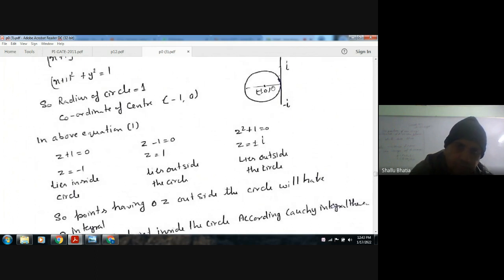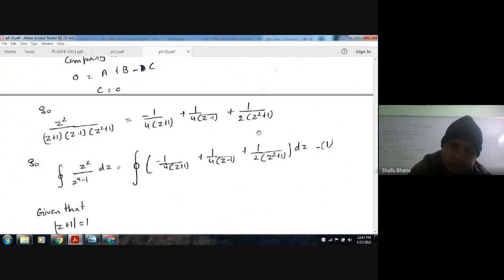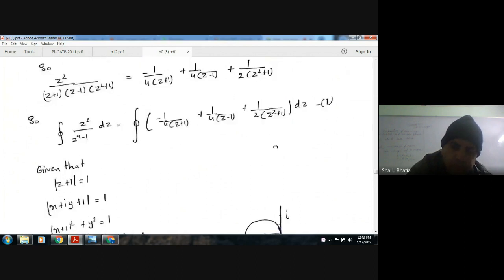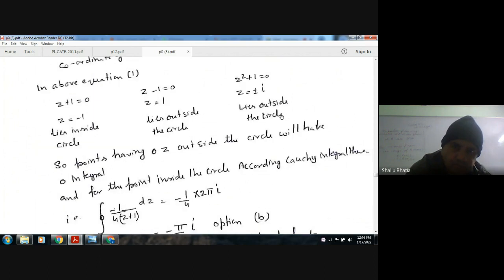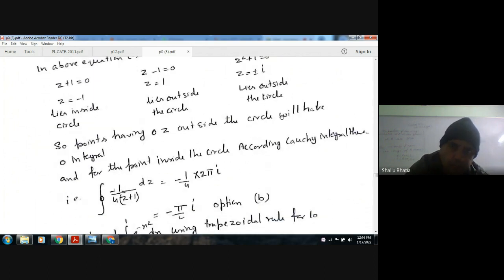The point 1 lies outside the circle. Similarly, in the third term there is z square plus 1, so z will be plus or minus iota. So these will be the points. We can see that one lies inside the circle, one lies outside the circle, and this is also lying outside the circle.